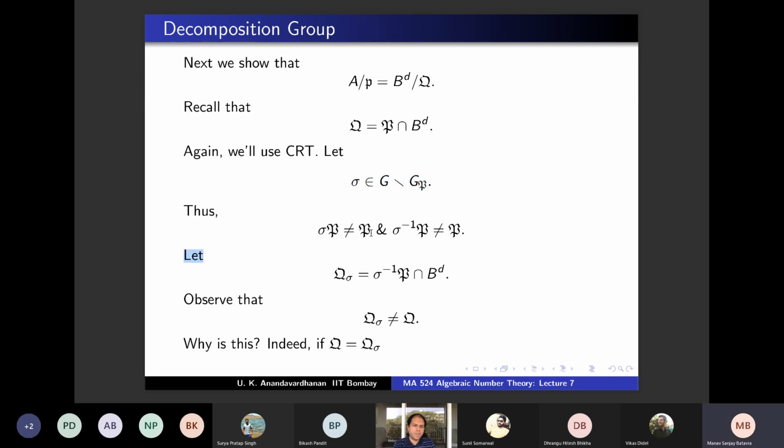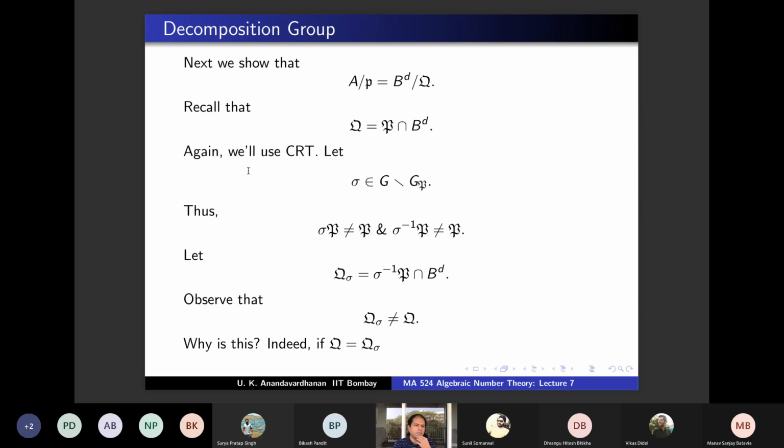Therefore, sigma P is not P. The property that I am using is that LD has the property that capital P is the only prime lying above B intersection LD. B intersection LD is what is called Q. P intersection LD is the same as P intersection BD. That is what is called Q. Is it okay, Manav?